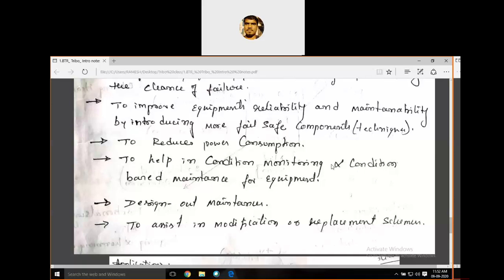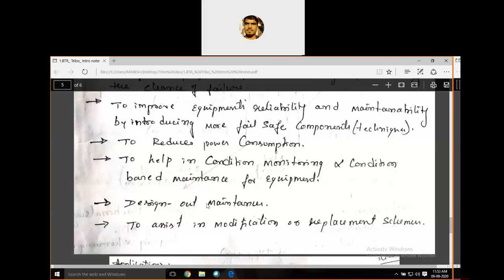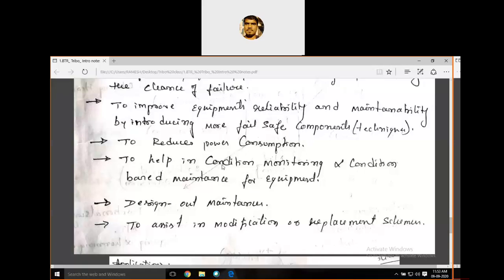By using proper lubrication or tribological solutions, we can easily decide whether the system needs a modification or a replacement. So these are the common advantages of using tribological solutions in our systems or equipment.